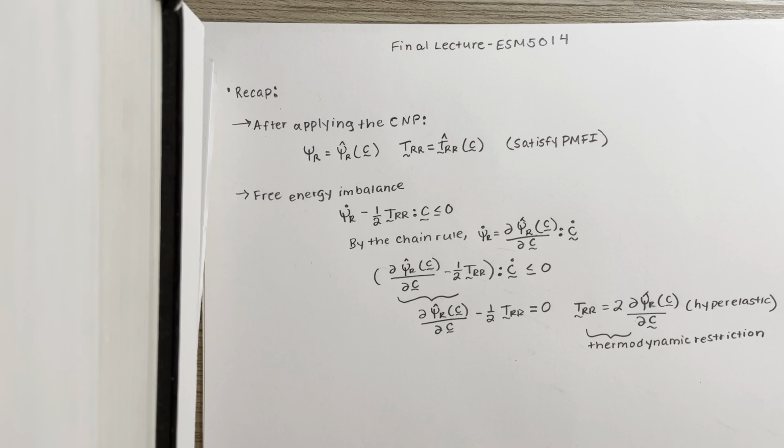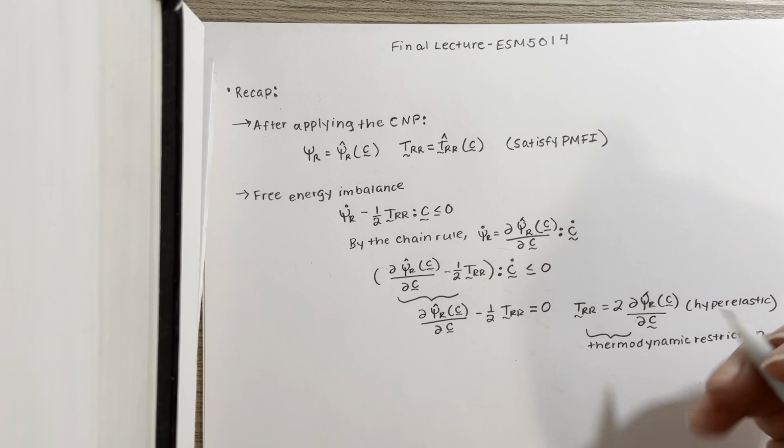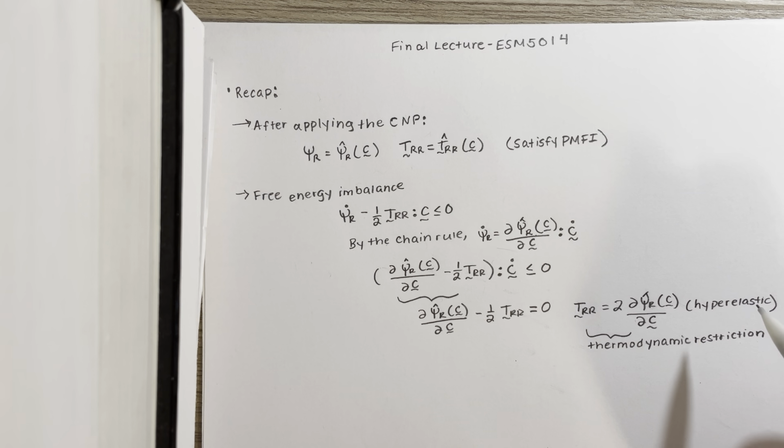All right, so the point in recapping this is that it is going to come in handy when we are deriving our governing equations for the linearly elastic behavior of an isotropic material. So we'll come back to this pretty soon.